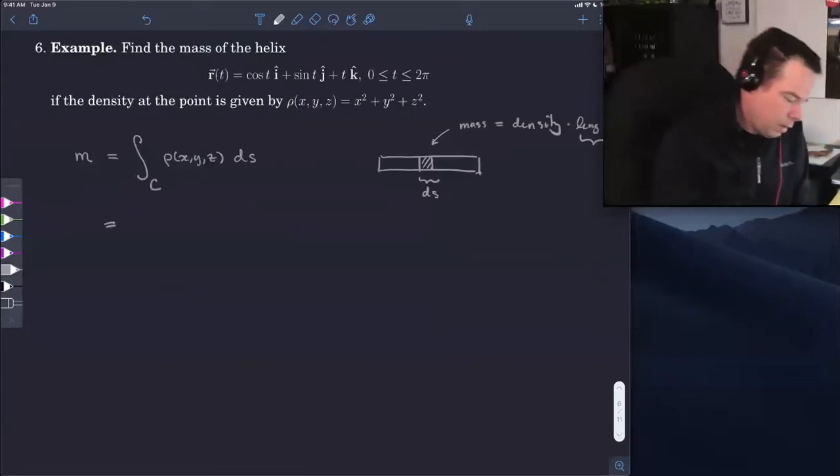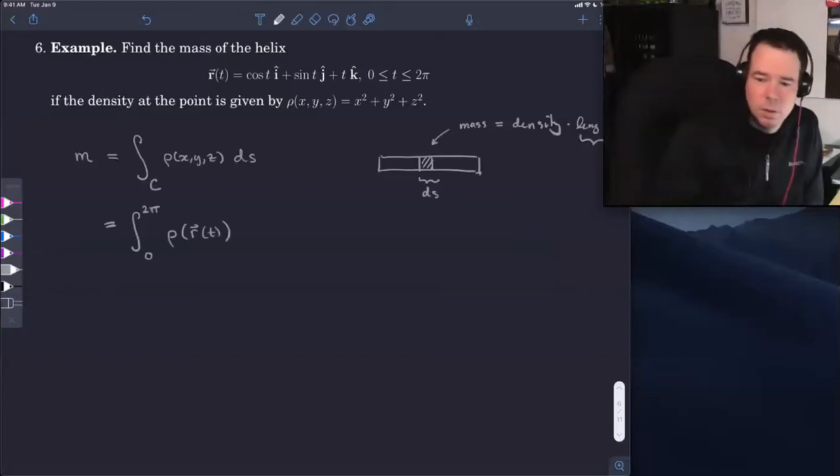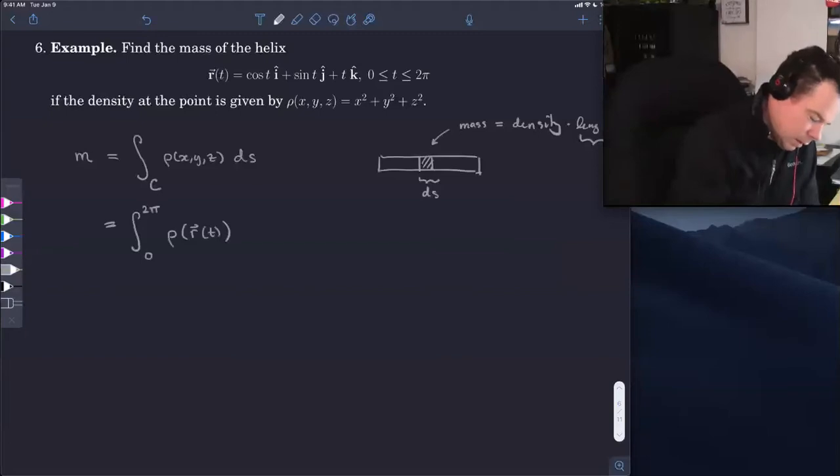All right, so now we can go ahead and start evaluating. So we've got that we are integrating over c. We're going to use its parameterization now. That's 0 to 2 pi. We are going to plug into rho the values on the helix, and then we're going to multiply by, maybe I won't use a dot just to avoid confusion with the dot product, r prime of t dt.